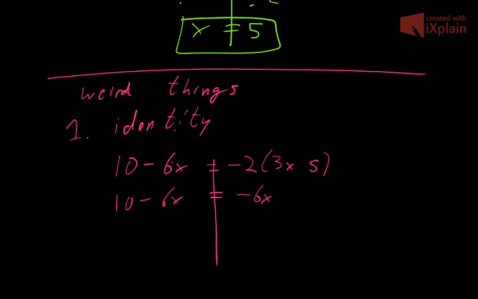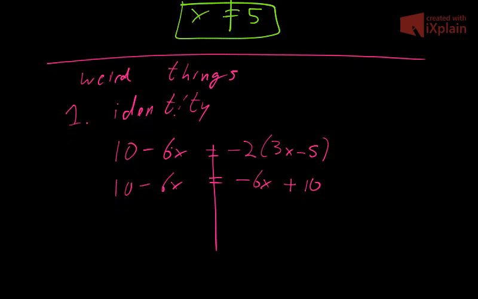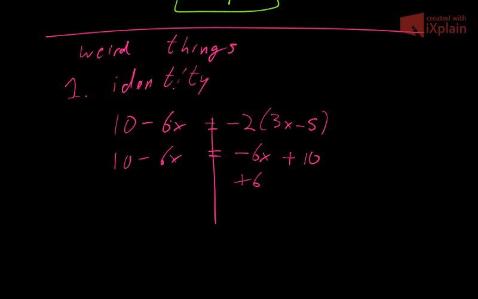Let's fix that. Plus 10, I try to get rid of my 6x by adding 6x. And I end up with 10 equals 10. So no matter what I plug in for x, that's going to be true. So x is everything, essentially, is what this means. x is anything.